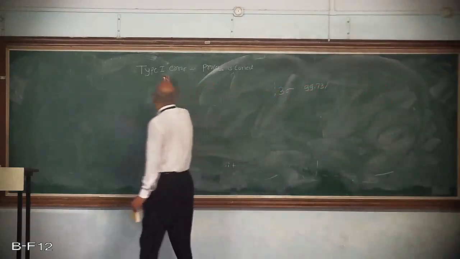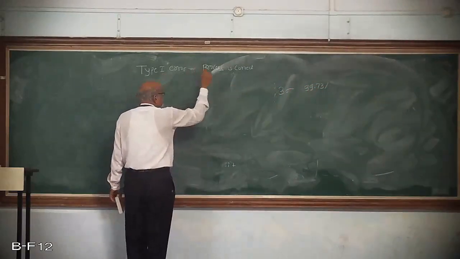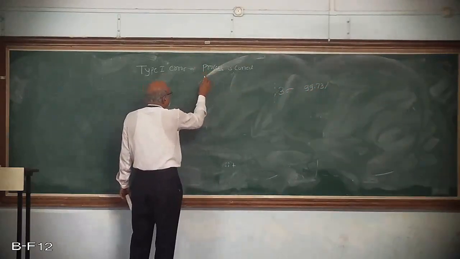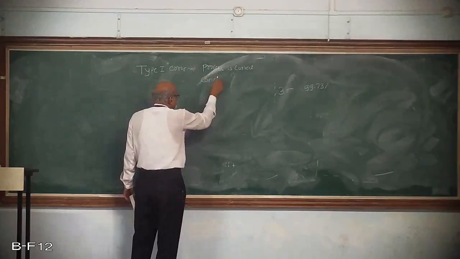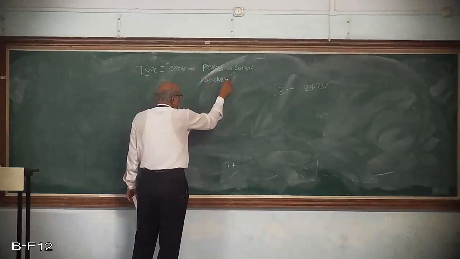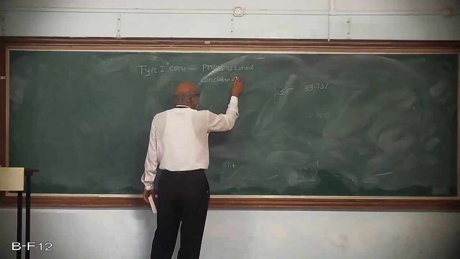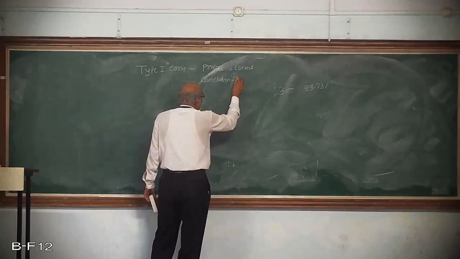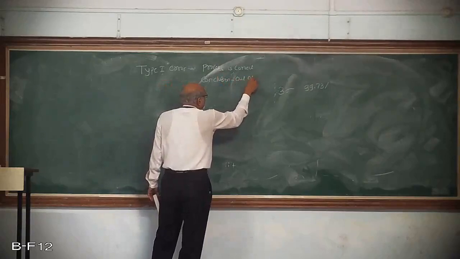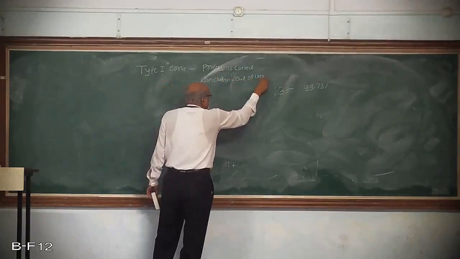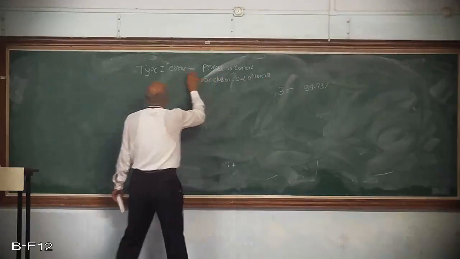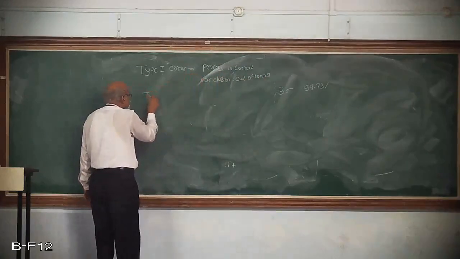That is called type 1 error. The process is correct, but by taking the sample, our conclusion is that the process is not correct, or out of control. This is called type 1 error. Next, type 2 error.